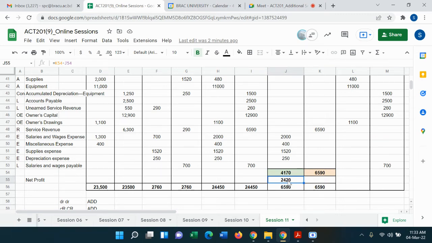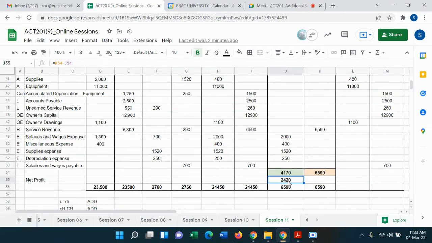And with the profit, can you remember that after identifying the profit, we need to transfer the profit to the balance sheet or the owner's equity statement, isn't it? In these statements we show the owner's equity position in the balance sheet.